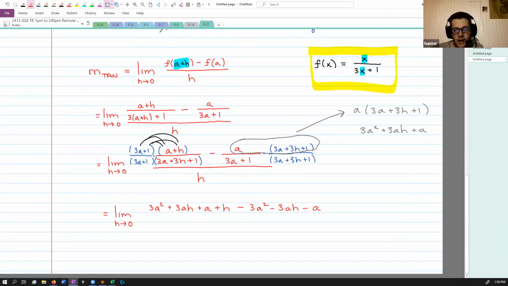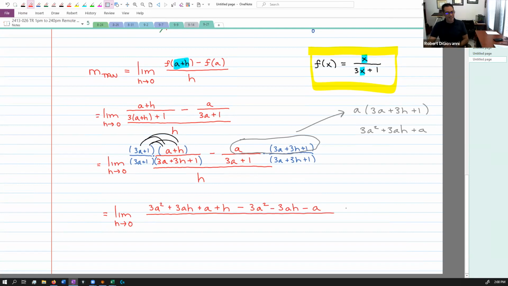Those should all subtract out except for the h. All of this over the common denominator. Do not forget the common denominator. The common denominator is 3a plus 1 times 3a plus 3h plus 1. And then all of that over h. And now the good things happen.